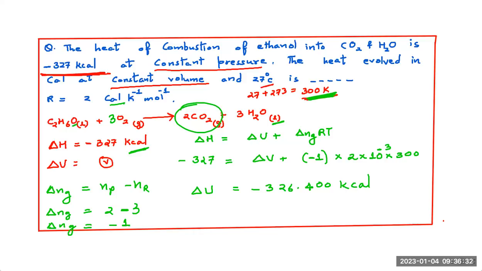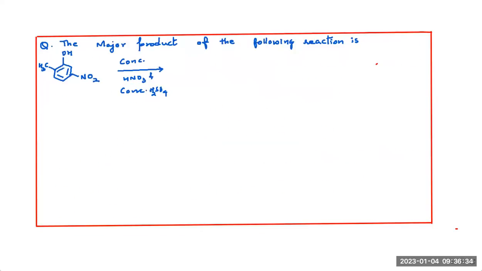Let us proceed further with the next question. The major product in this reaction, okay, we are jumping from physical chemistry to organic chemistry. Fine, that's not a big deal. See, we know that this reagent is nitrating mixture.